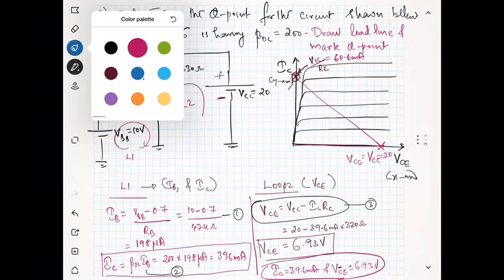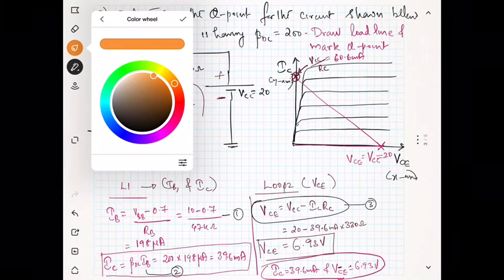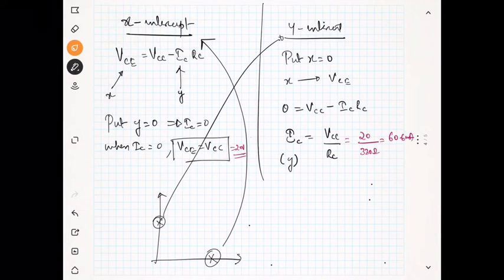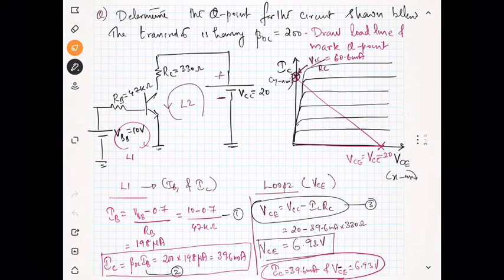How to mark the Q point? So we have to mark the Q point here. You can see the voltage is 6.93. So this is 20 volt. So this voltage is 20. So we'll mark here on the x-axis some 6.93.